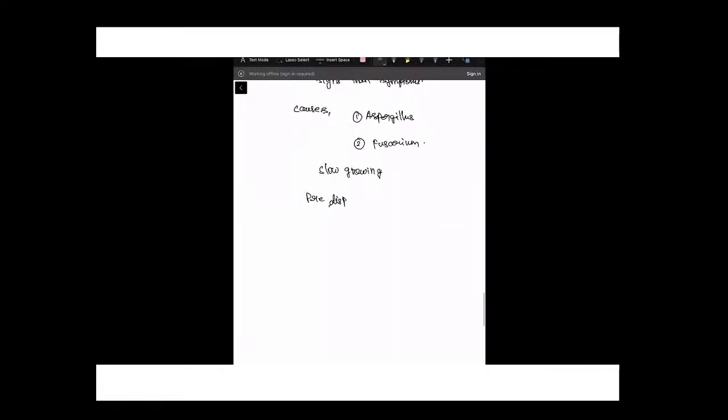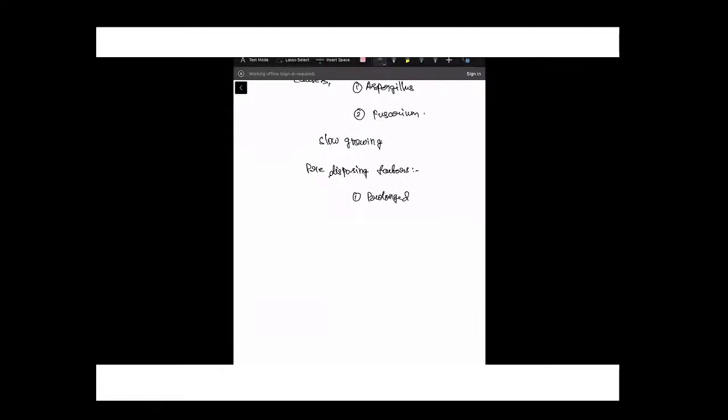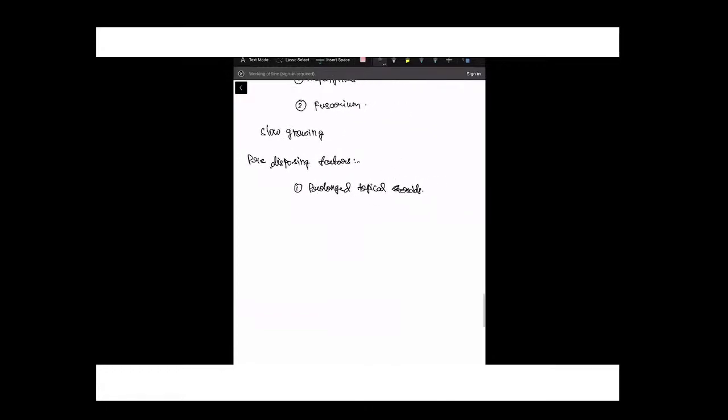Predisposing factors: prolonged use of topical steroids. Topical steroid use is going to decrease your immunity. It is an immune suppressor, and the fungus is going to grow.